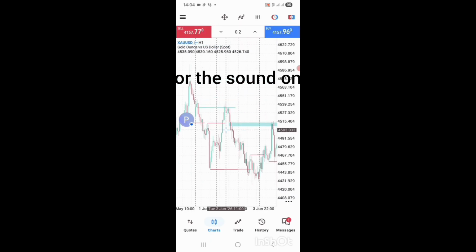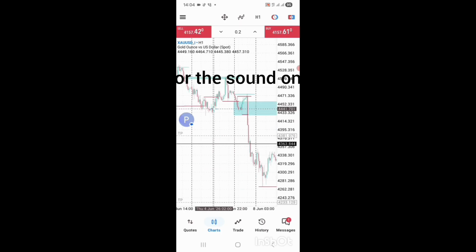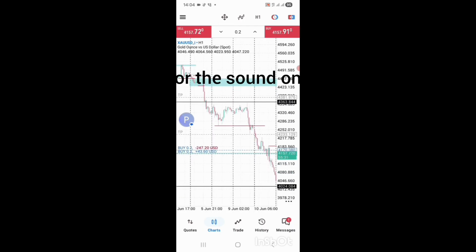just like price came to retrace on this fair value gap of this structure break here, and price went all the way down and then came back, took another order on this fair value gap, and it went all the way down. And while it's going all the way down, it created another high, which at this level here is invalid, because as you can see, there is no fair value gap before the structural break.